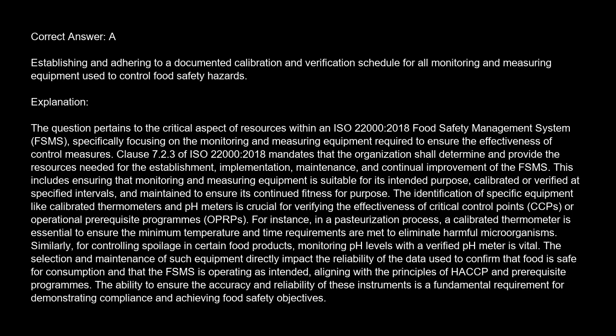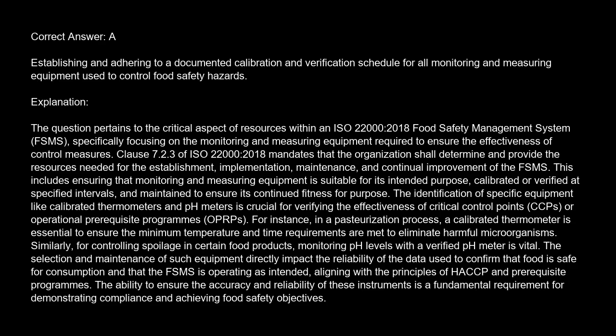This includes ensuring that monitoring and measuring equipment is suitable for its intended purpose, calibrated or verified at specified intervals, and maintained to ensure its continued fitness for purpose. The identification of specific equipment like calibrated thermometers and pH meters is crucial for verifying the effectiveness of critical control points, CCP, or operational prerequisite programs, OPP.